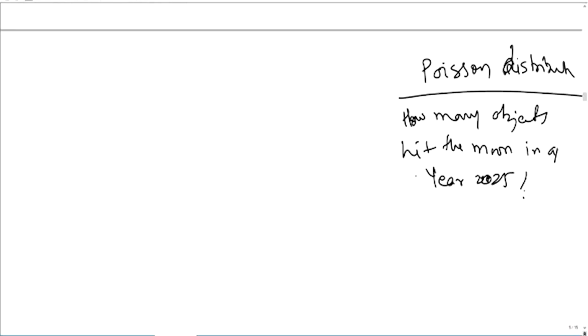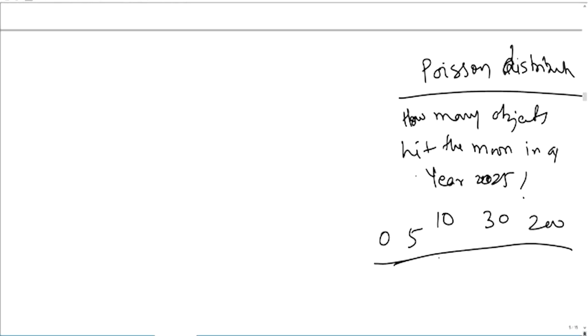Now this number could be, let's say, 10 or 30, maybe 0 as well, maybe 5, maybe 200 as well. Actually it depends on what stage the universe is in and other nearby activities.